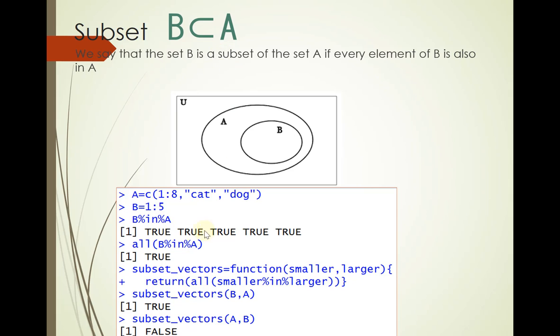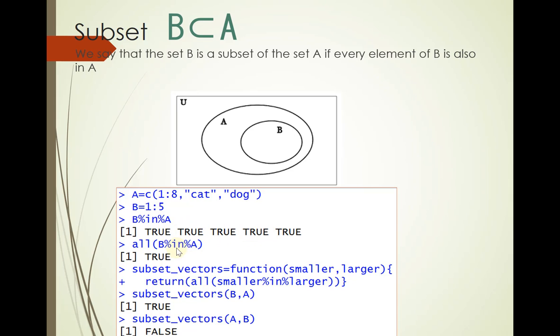I want an answer, yes or no, true or false. I don't want this. So I have to do something with this to get just true, because it is true that B is a subset of A. But so far, when I write this statement, all I get is true, true, true, true, true, which is on the way to the right answer, but this is not the form of the answer that we want.